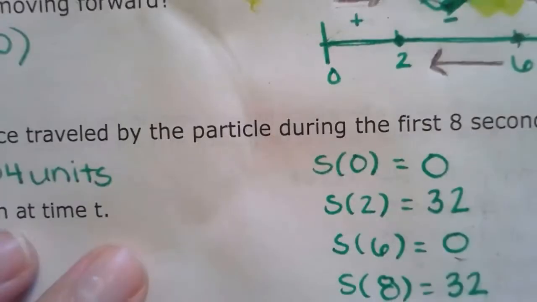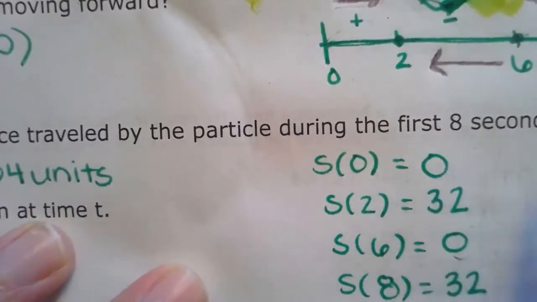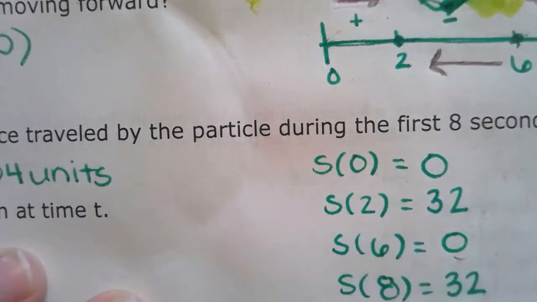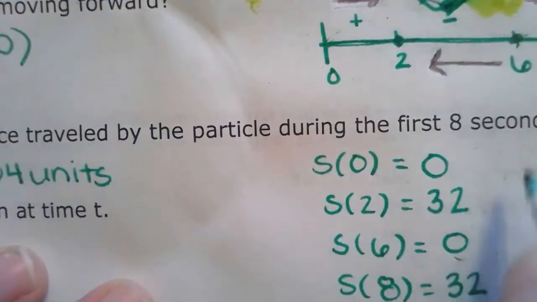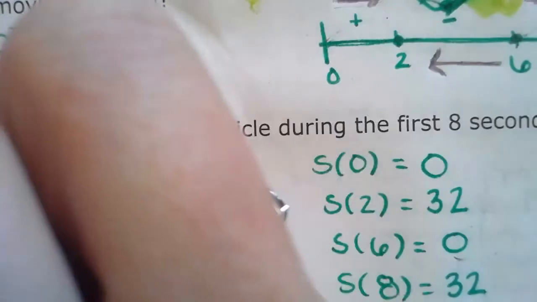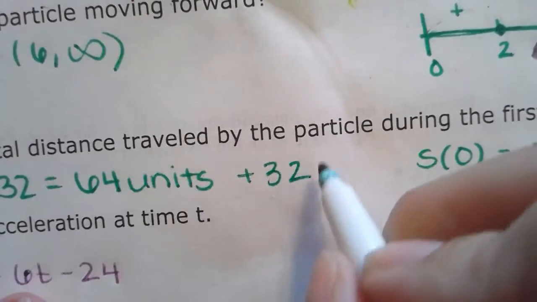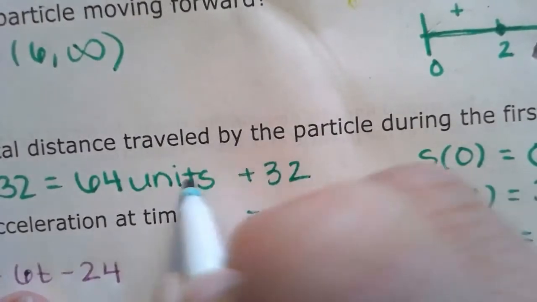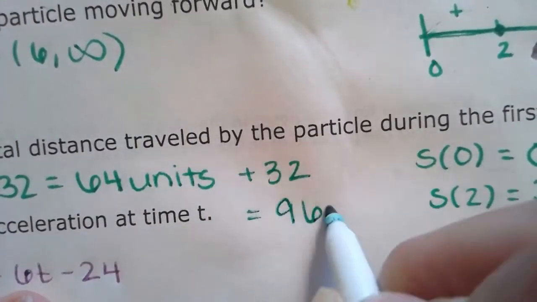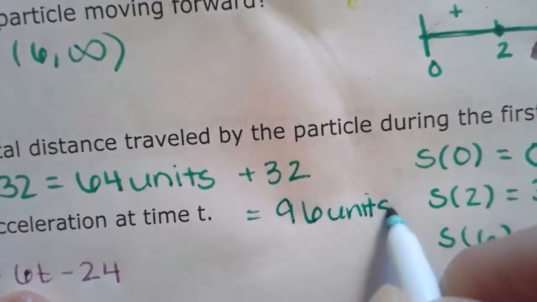But then you also need to take into account that the particle from 6 to 2 moved 32 units backwards. So it moved 64 units forwards and 32 more units backwards. So it moved a total of 96 units.